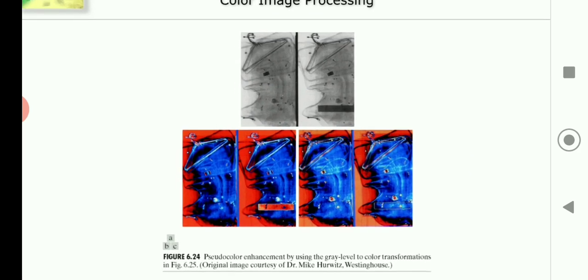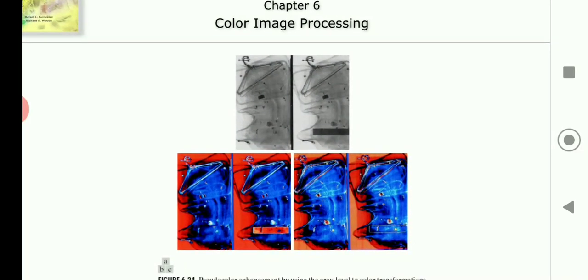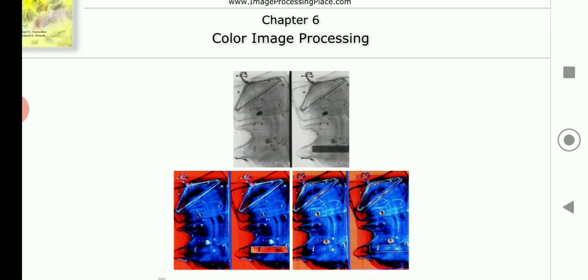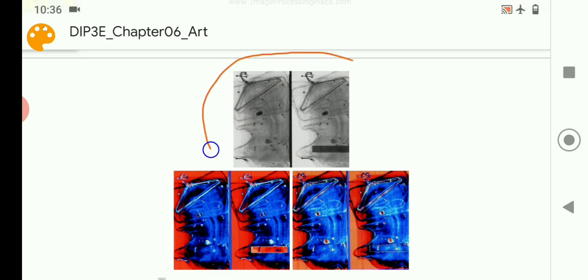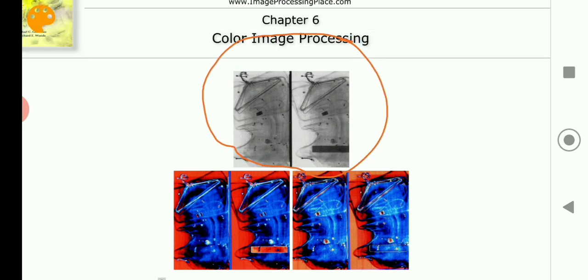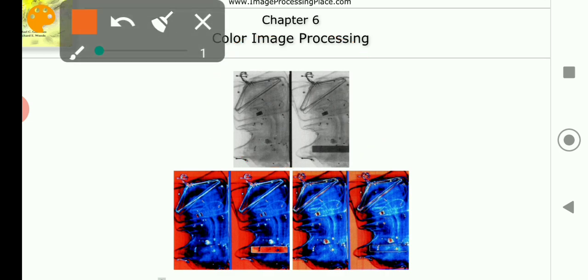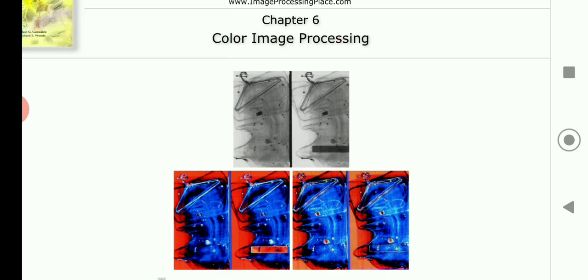Please observe carefully here. Whatever you can see here, friends, the first two images, these are the monochrome images of the luggage which is obtained from an airport X-ray scanning system.